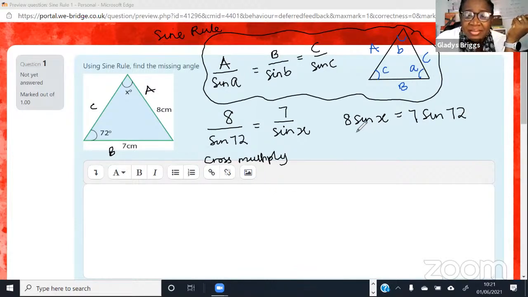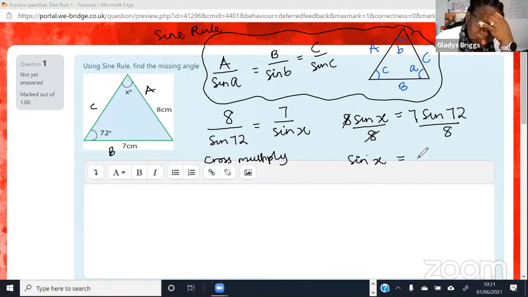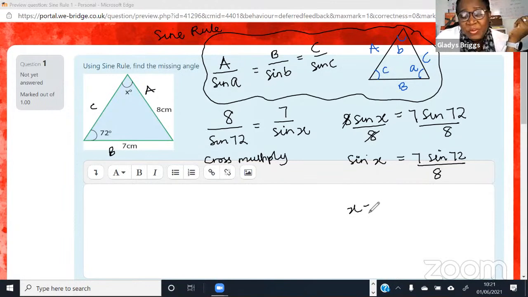Then we divide both sides by 8 so that we can get rid of 8 on this side. Then we'll have that sine x is equal to 7 sine 72 divided by 8. Therefore, x would be equal to sine inverse of 7 sine 72 over 8.